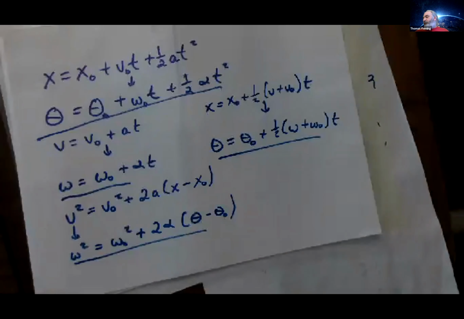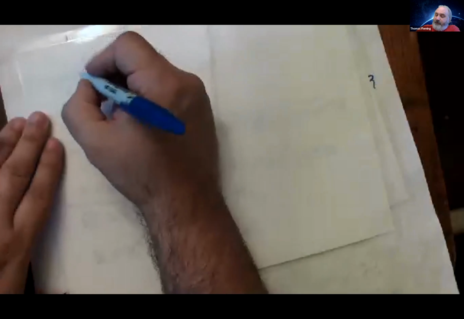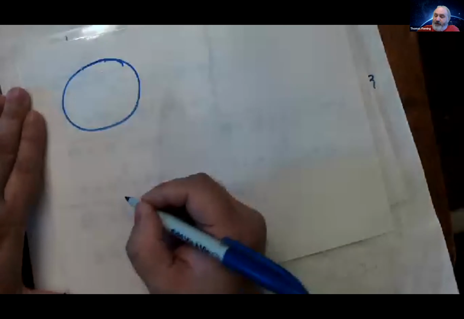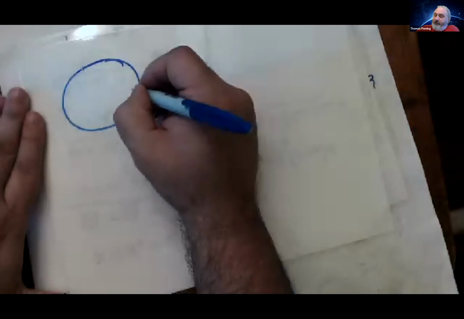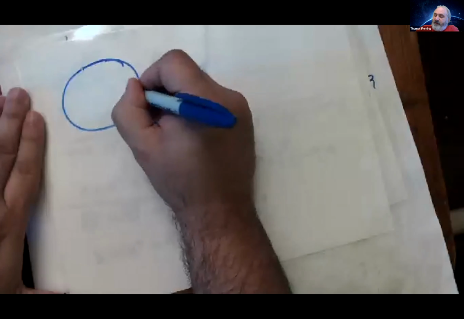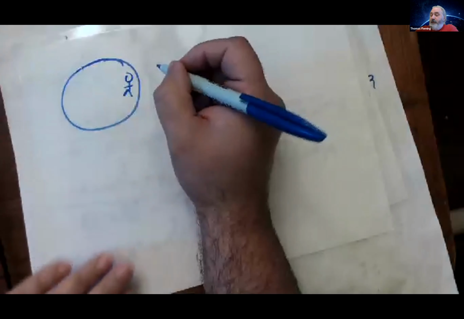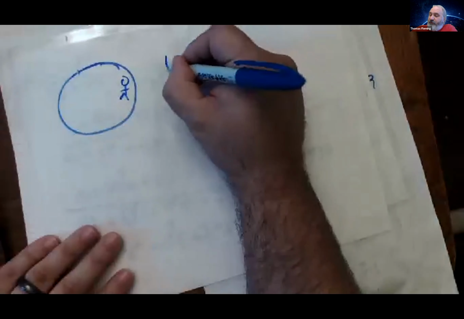All right. So what's going to happen now is let's do a rotational kinematics problem. Let's just flip this over. Let's say that I've got a playground merry-go-round. A little kid is going to get on the playground merry-go-round, and the merry-go-round is going to start at rest.